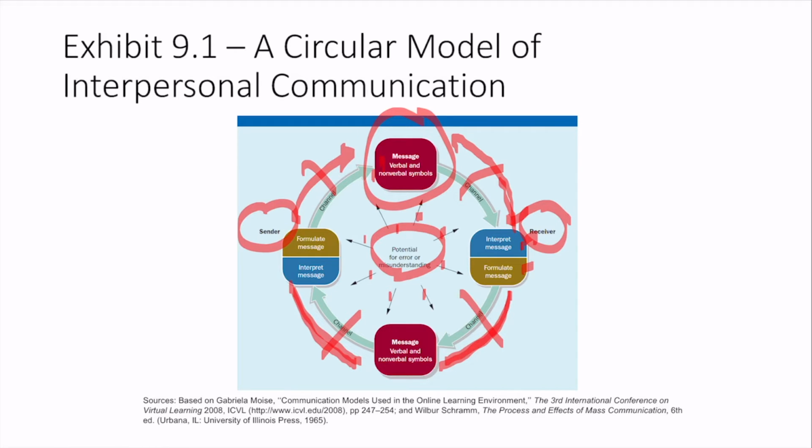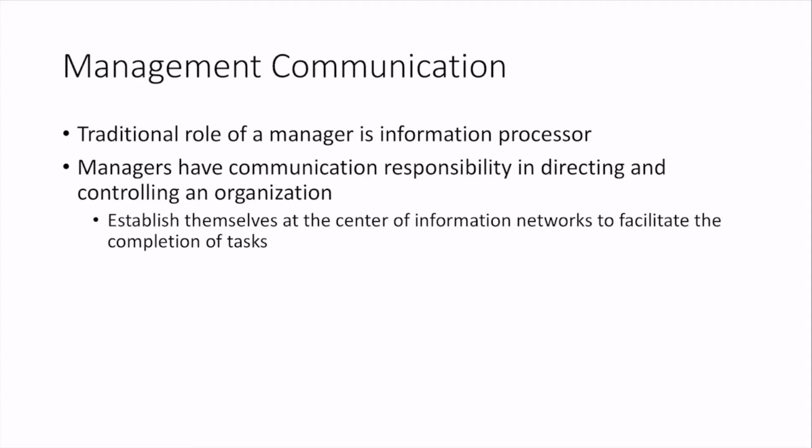The sender may have different types of challenges in being able to communicate that message. The receiver may have different types of challenges in trying to receive that message. So any and everything really that disrupts or poses an obstacle to effective communication could be those arrows and the potential for error or misunderstanding. And that's what we typically have in the past called noise.